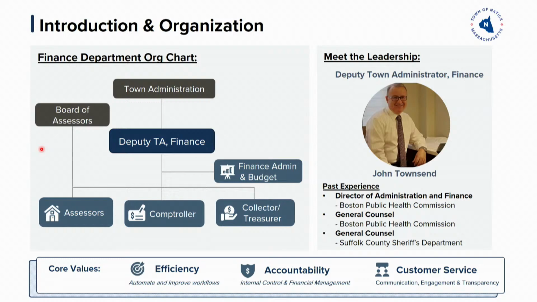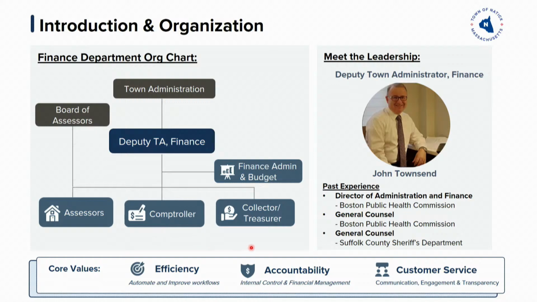He'll give you a little overview regarding the assessing office as well as how he goes about assessing your property. That should be exciting. Next, we're talking about the comptroller. That's Michelle Larimore. Unfortunately, she cannot be here with us this evening. We'll talk a little bit about how she maintains the books for the town and does things like the audit and other AP, payroll, with regards to their functionality in the finance department.